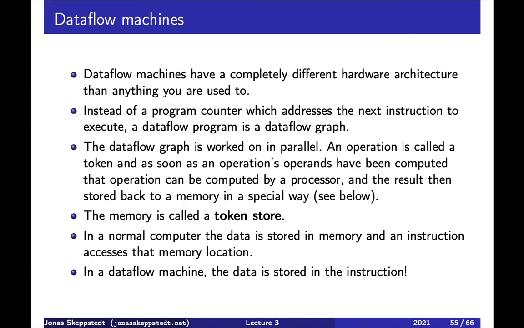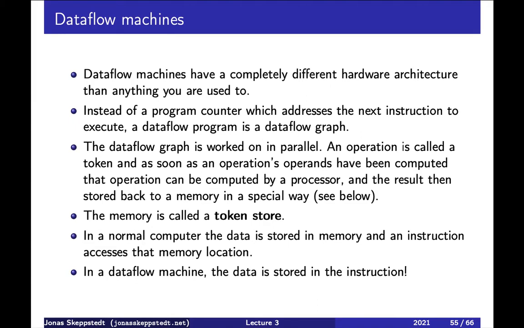Data flow machines are completely different from anything that we have seen so far. Instead of, as in a normal machine, having an instruction pointer or program counter which has the address of the next instruction to fetch, and then it will fetch it and possibly fetch operands given by this instruction, or work on operands in registers.